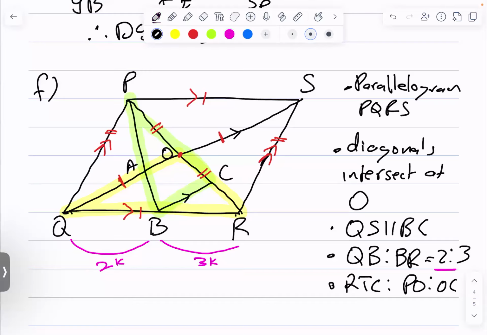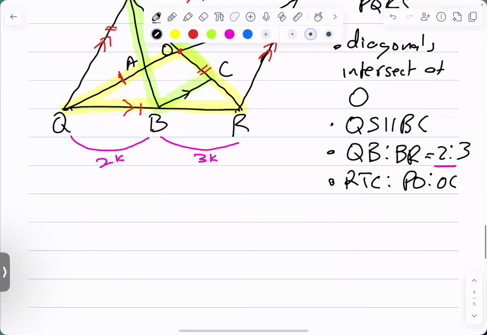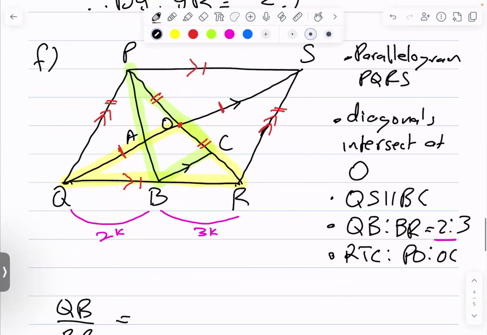Then you said what? QB over BR is equal to OC over OR. Now I'm going to pause you there. Why? Are you sure? You see in the triangle OQR, there's the parallel line SQ and BC.